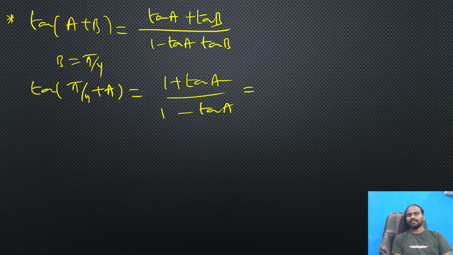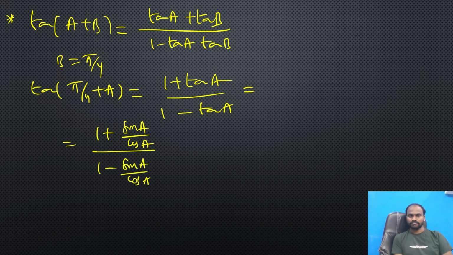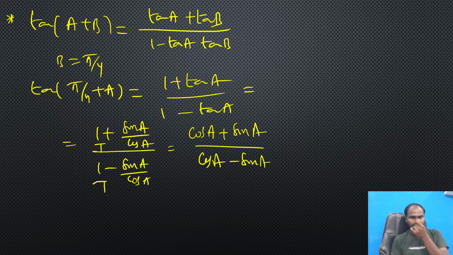Further, if you write sine by cos in place of tan, then it will be cos a plus sine a, right, by taking LCM, and the whole divided by cos, and again cos a minus sine a whole divided by cos, right?